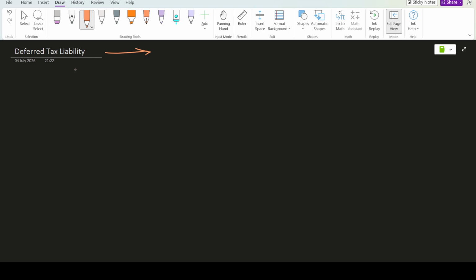So deferred tax liability represents future tax obligations. Since it is a liability, it is an obligation in the future.